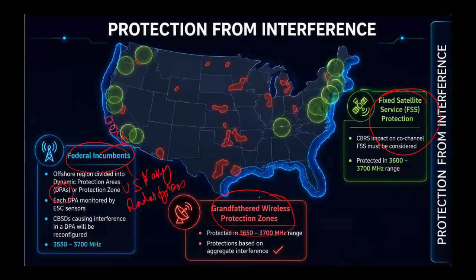But the important point is that these protected areas don't necessarily mean CBRS can't be used there for GAA or PAL. It means the highest priority users must be protected. As I said earlier, CBRS is a shared spectrum, but it is a coordinated spectrum. Shared but coordinated spectrum.